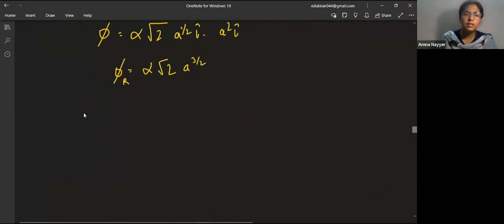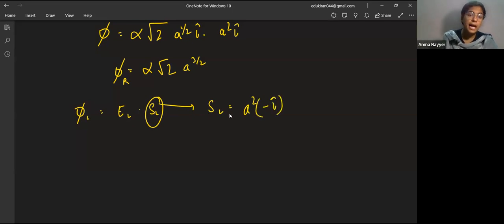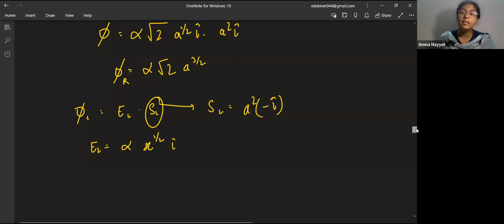So for the flux for the left one, you will do the same thing. E L dot surface area for left. But this surface area for left, you will write as a square minus i cap. Right. And what is the difference in electric field that will arise? See, alpha x to the power half i cap, x won't be 2a.